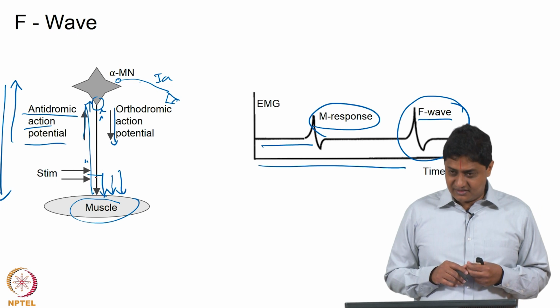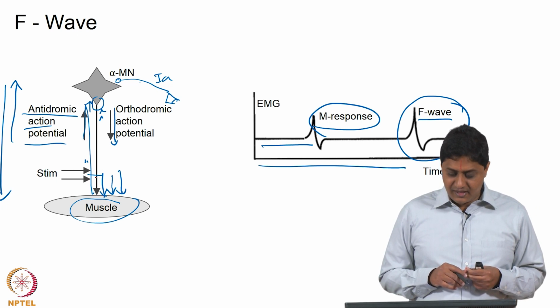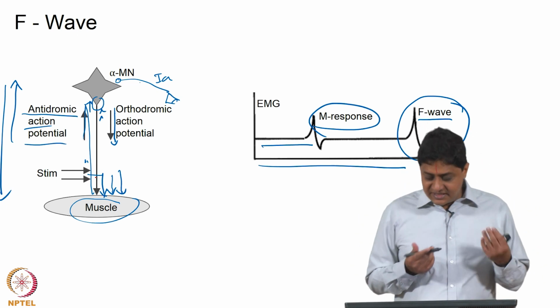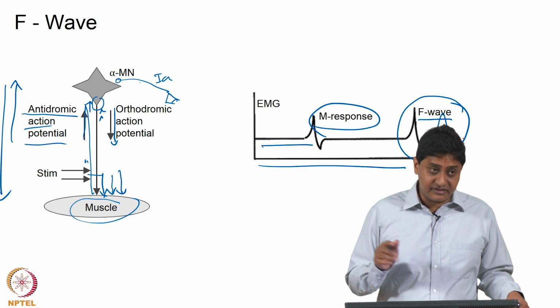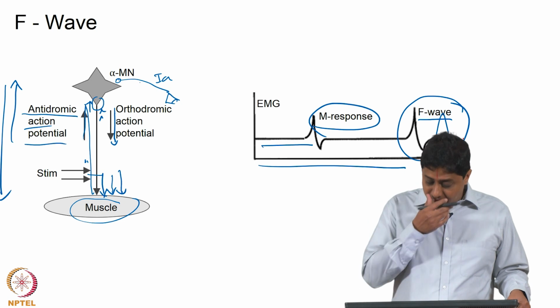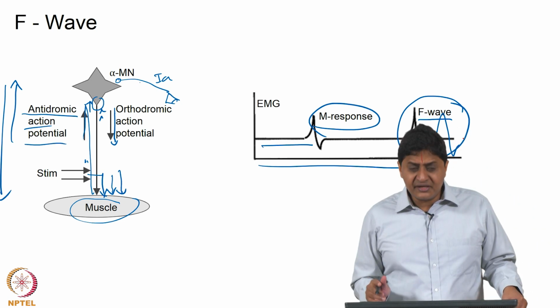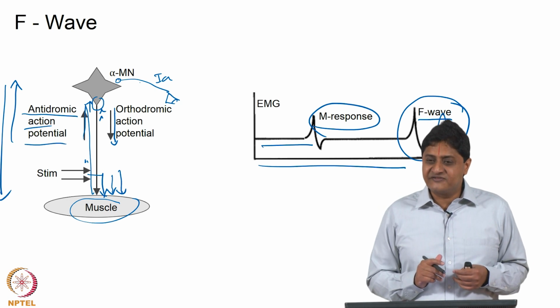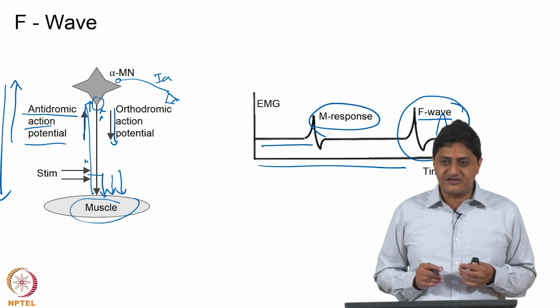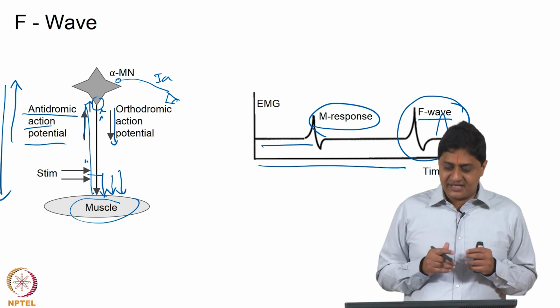An intelligent guess would be the following: the H reflex would arrive after this, if at all it arrives. In other words, the F response timing is going to be slightly ahead of the H reflex's timing, if at all there is an H reflex.